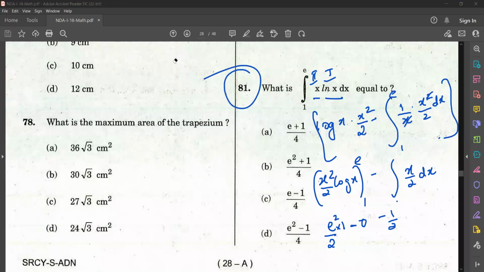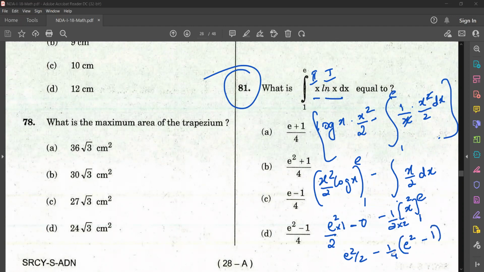Okay. So this is 1 by 2, integration of x is x square by 2. So x square by 2, again the 2 is coming, so x square from 1 to e. So this is e square by 2 minus, this will become 1 by 4 (e square minus 1).